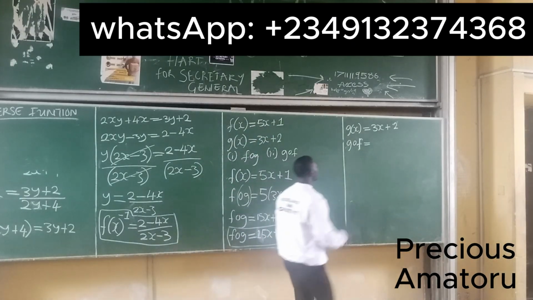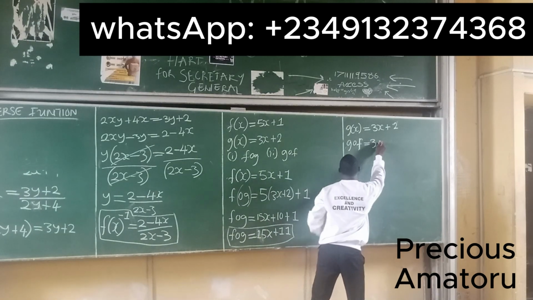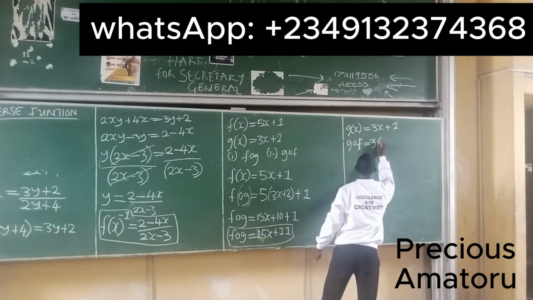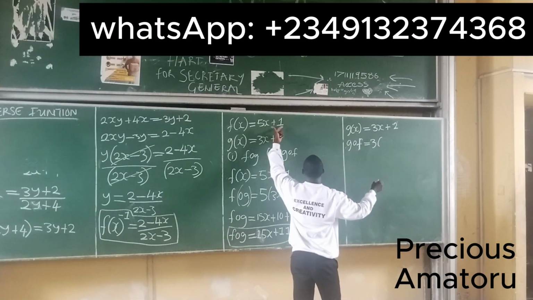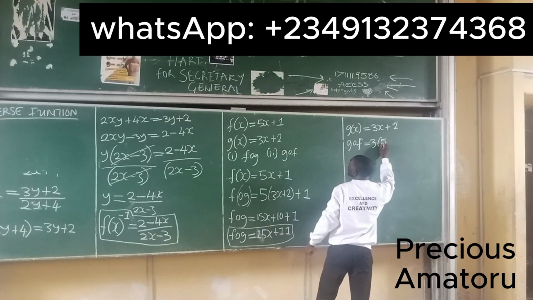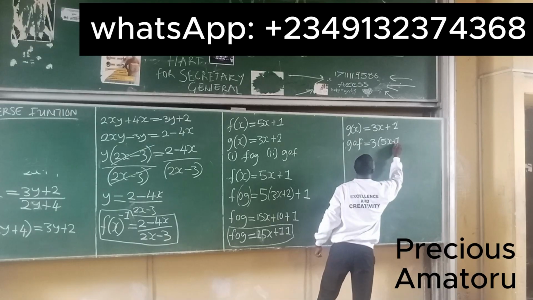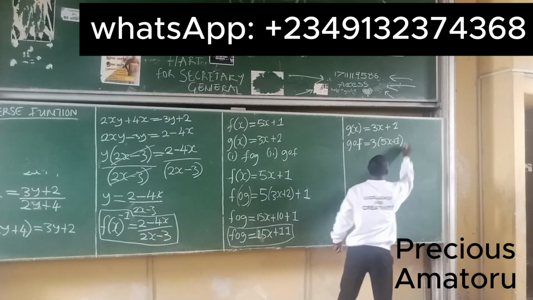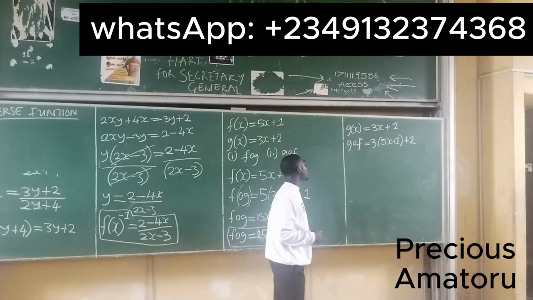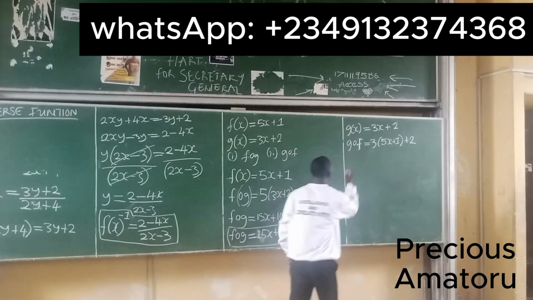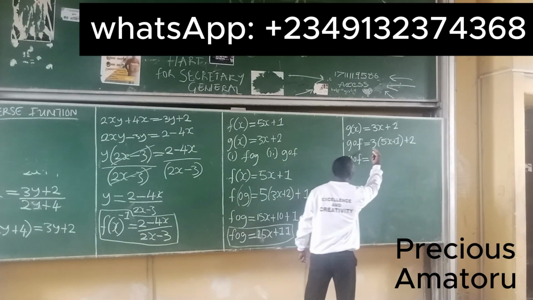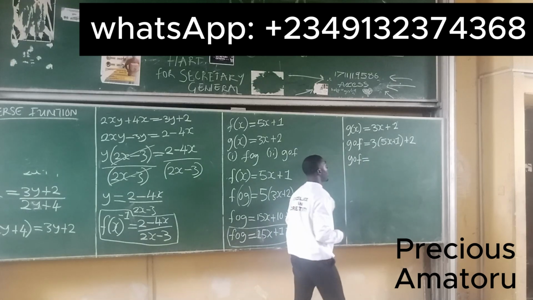Instead of writing 3x, we take the value of f of x, 5x plus 1, so we have 3 times bracket 5x plus 1, bracket close, plus 2.